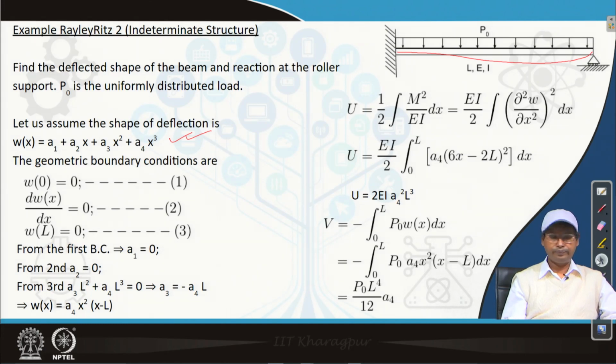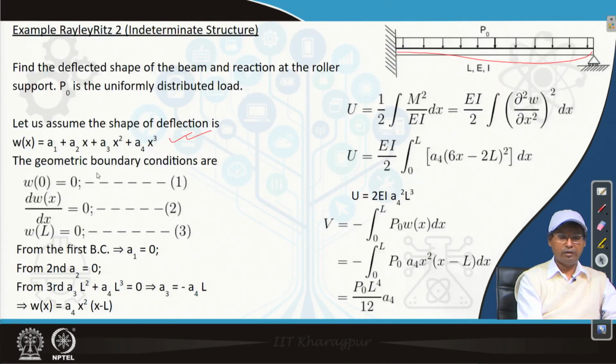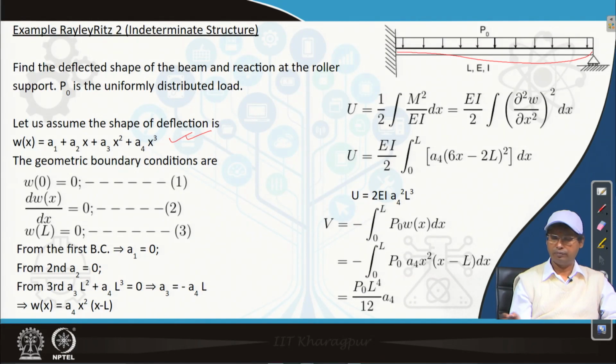So, let us see the geometric boundary conditions: displacement is 0 at 0 here, slope is 0, definitely slope is 0, as I have also tried to draw the slope 0 here, and also displacement at this point is equal to 0.